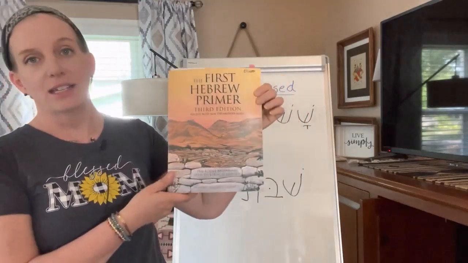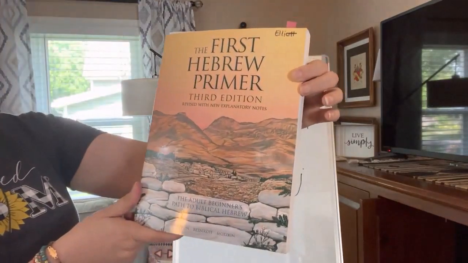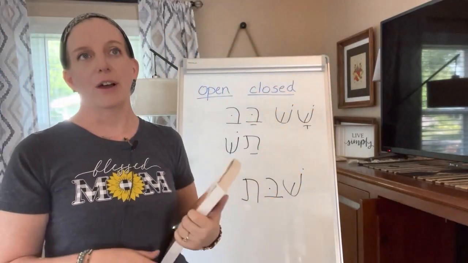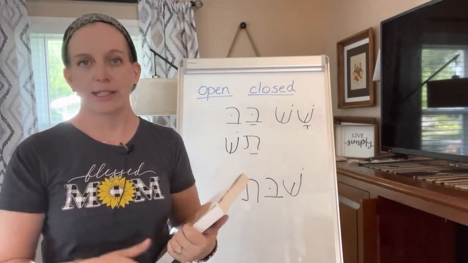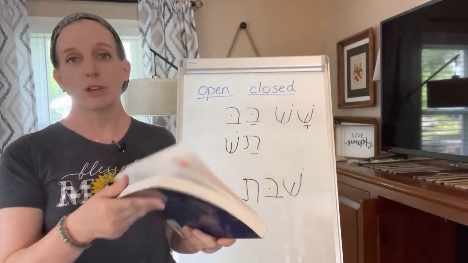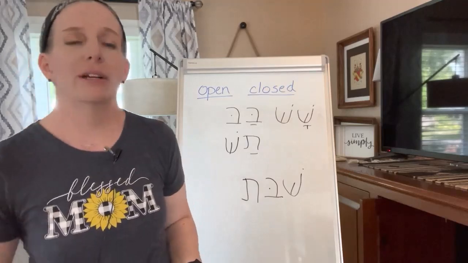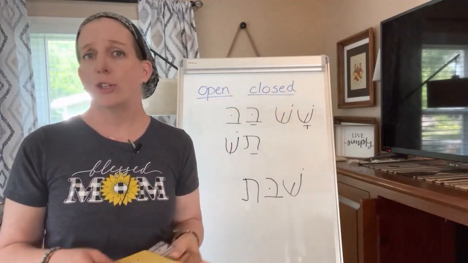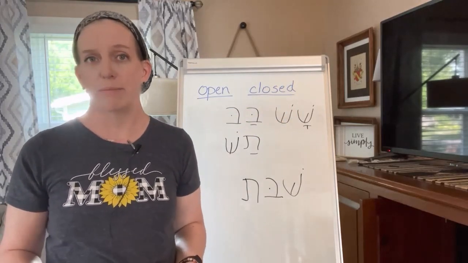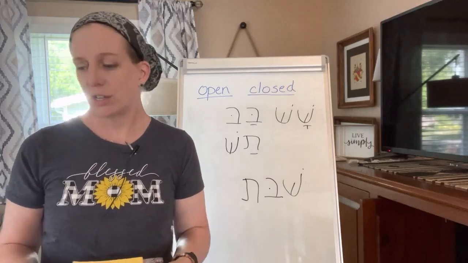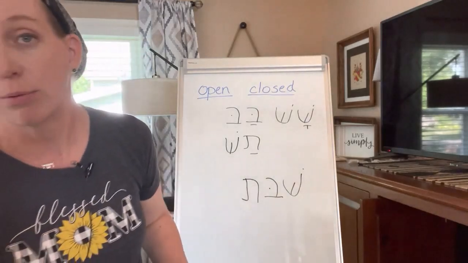This one is the continuation, the first Hebrew primer, and of course they have many more in the series that you could keep learning, and this one will go into some more of the grammar, and really by the end of this I think you learn 200 words from the Hebrew Bible, and so it's just a great resource if you want to get lots of practice.